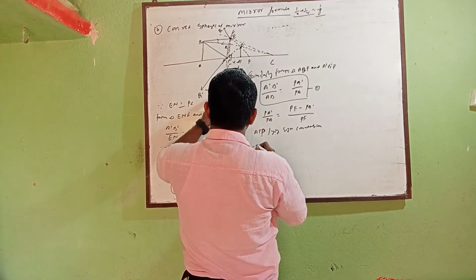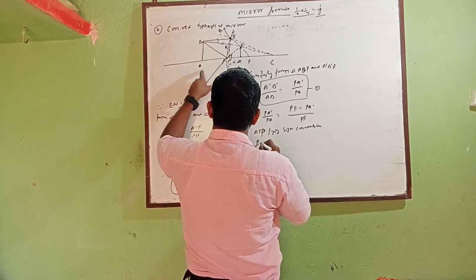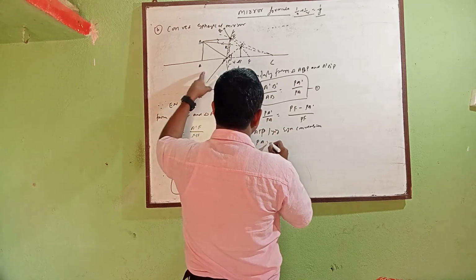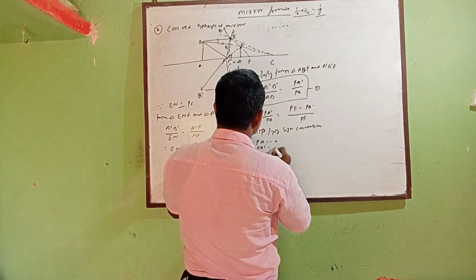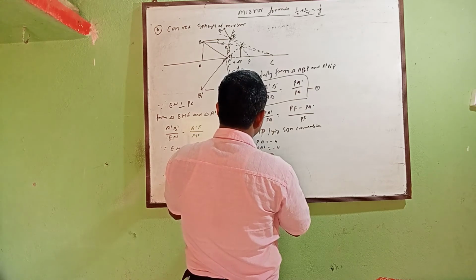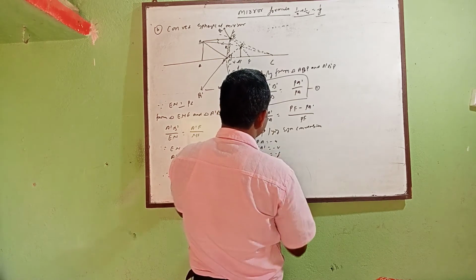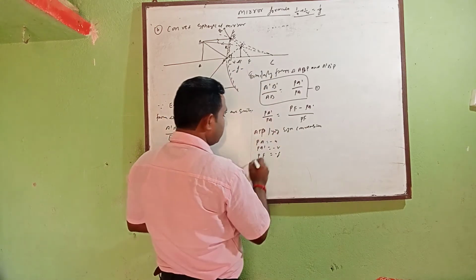What you will write? PA equal to minus U, PA dash equal to minus V and PF equal to minus F. We can put this value here.